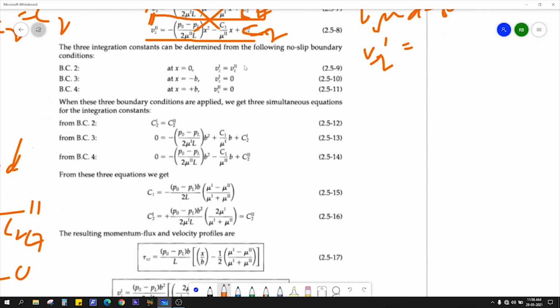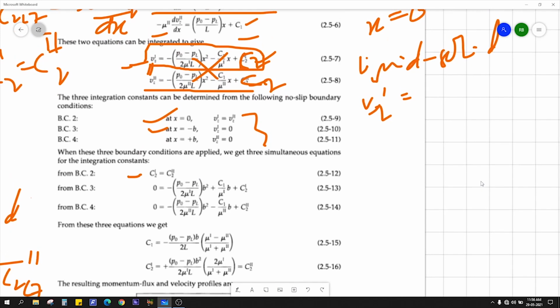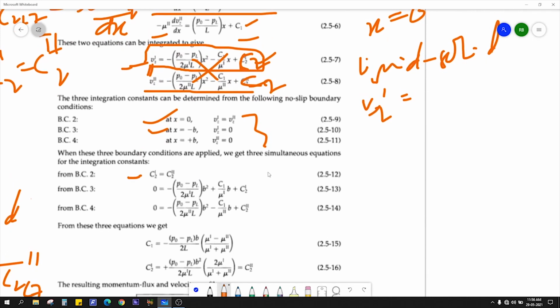So if you use these three boundary conditions, then you can easily get the values of C1. From the interface condition I already got that these two C2 are equal. From BC3, you can put it in the first equation and you'll get this. If you put the other one in equation 2, then you'll get this.